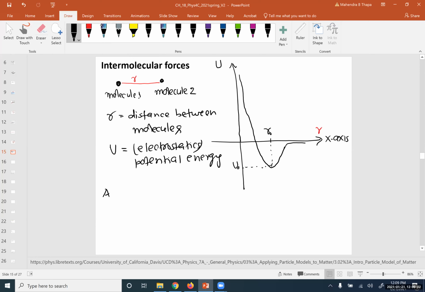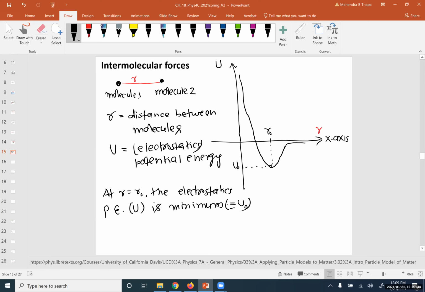So U naught is the lowest possible value of electrostatic potential energy. At r equal to r naught, the electrostatic potential energy U is lowest or minimum, and we call this minimum value U naught.